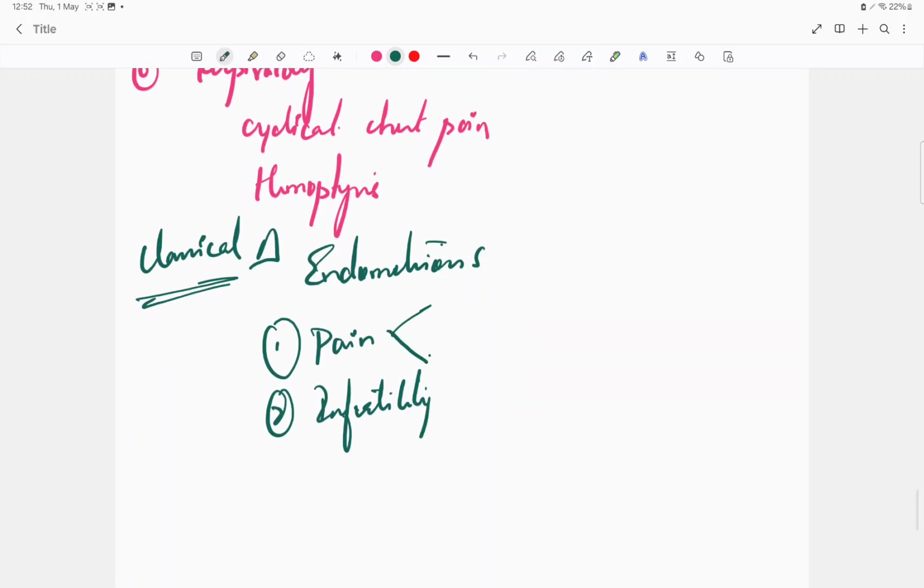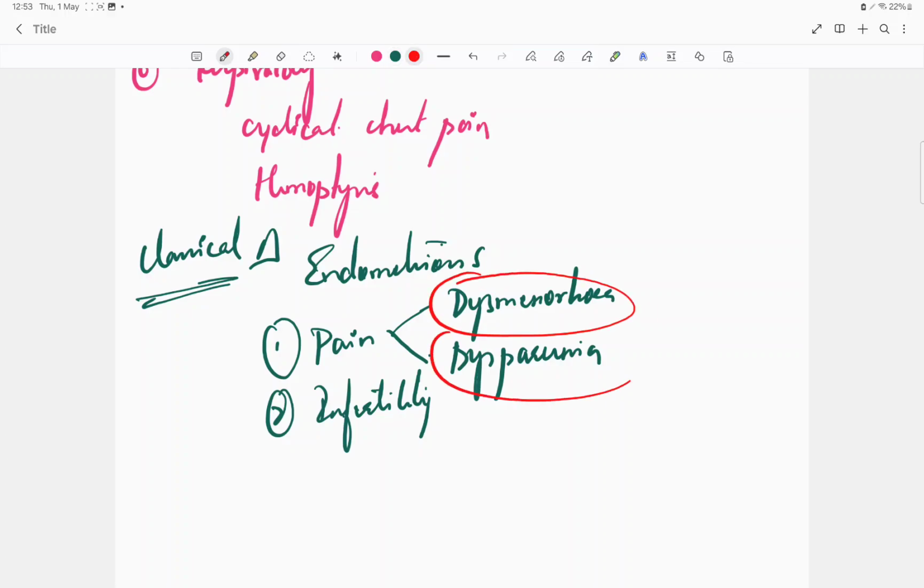There are two types of pain that we have to include. One is dysmenorrhea, next is dyspareunia. So dysmenorrhea, dyspareunia, and infertility. These are the triad of endometriosis.